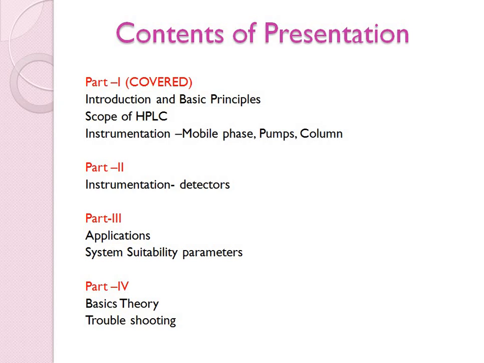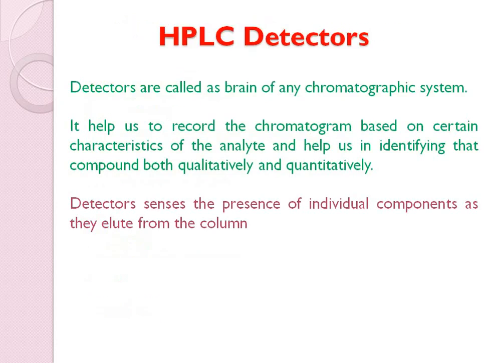the remaining part, that is the detectors. Now detectors are called the brain of the chromatographic system. It helps to record the chromatogram based on certain characteristics of the analyte and helps us in identifying that compound qualitatively and quantitatively.